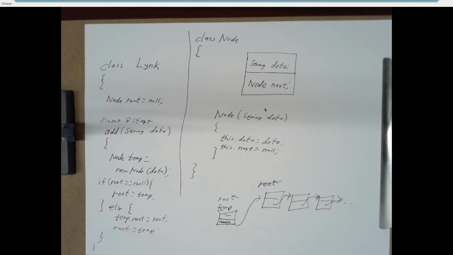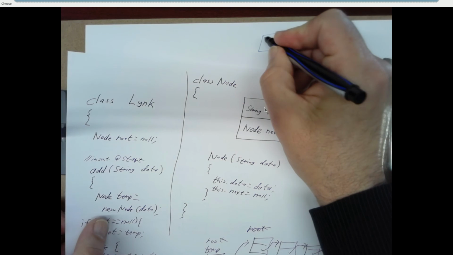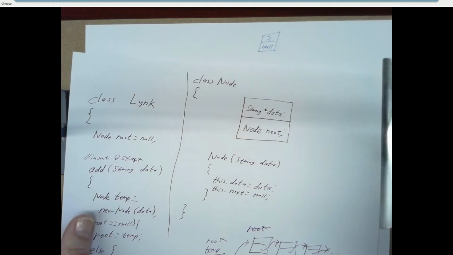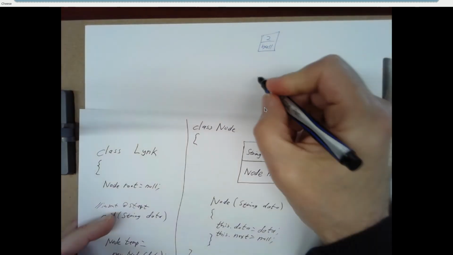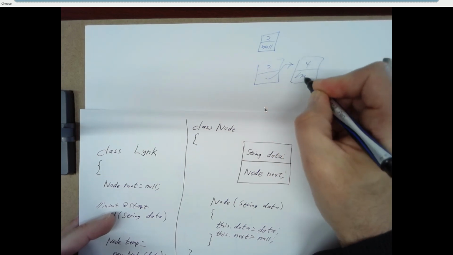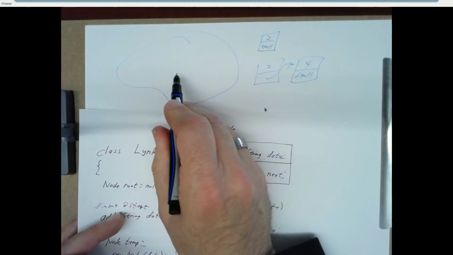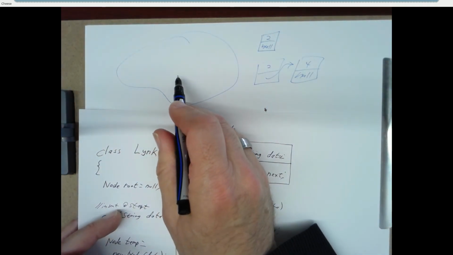We avoid this if we have a sentinel, which is part of why we did sentinels before. But without a sentinel, here's the picture. There's a list with one node. There's a list with two nodes. Here's a list with no nodes. Okay, it's fundamentally different.